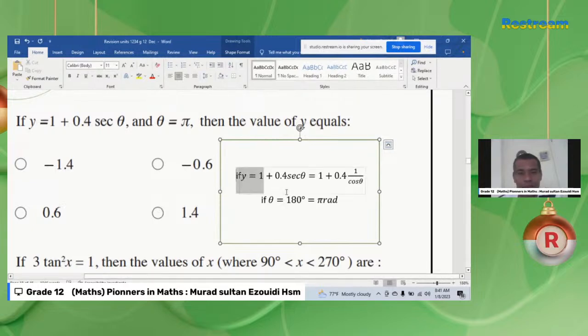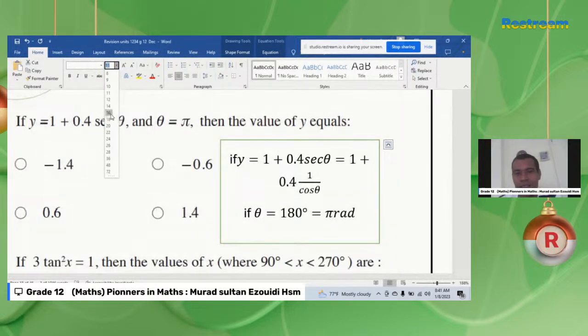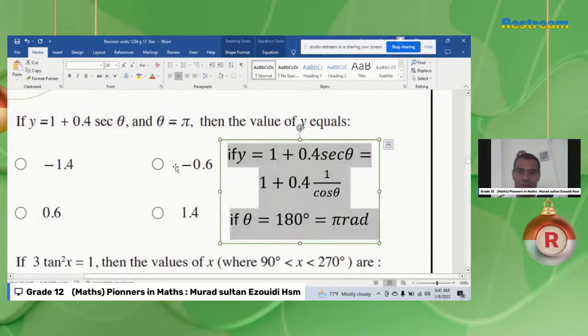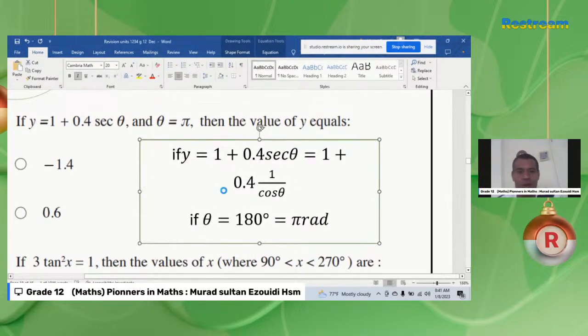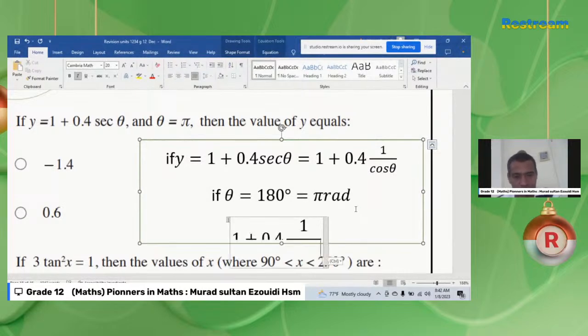I will make this bigger so that you can see. Let's do it as 20. So I will just write my function y: y is equal to 1 plus 0.4 over cosine pi.